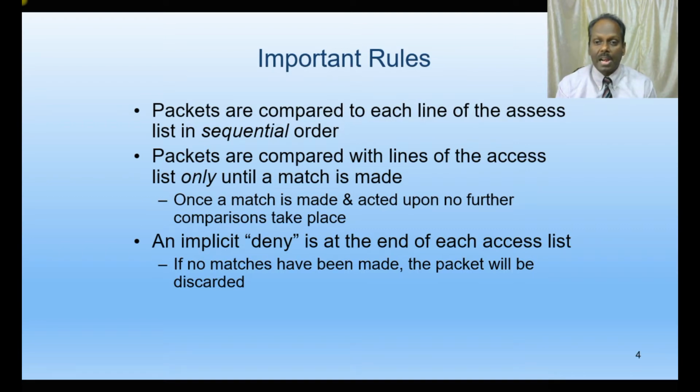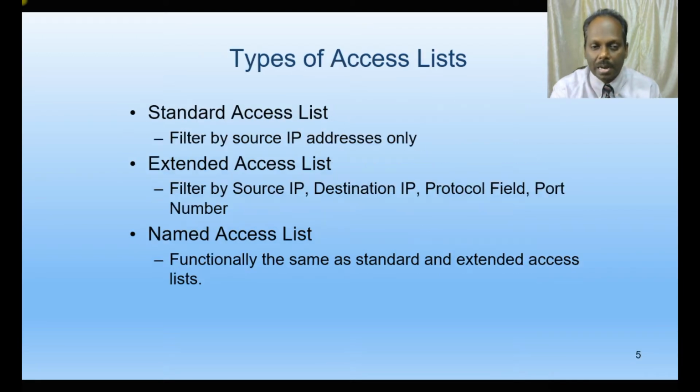Once a match is made and acted upon, no further comparison takes place. Please remember that it acts like a firewall. There is an implicit deny at the end of each access list. If no match has been made, the packet will be discarded. So if you say deny, allow others, it means if the match is made, then it will deny, otherwise allow. If you don't specify anything, the packets are discarded.